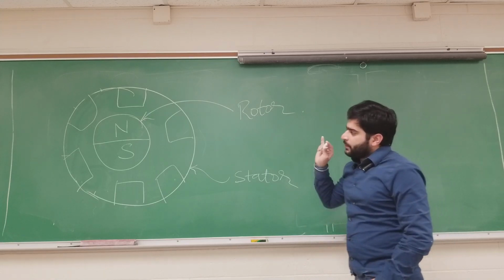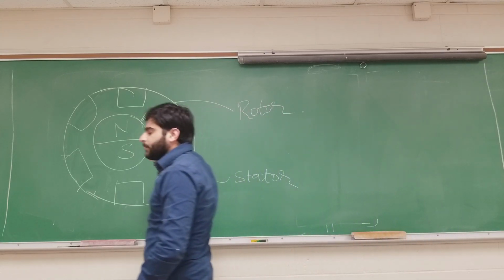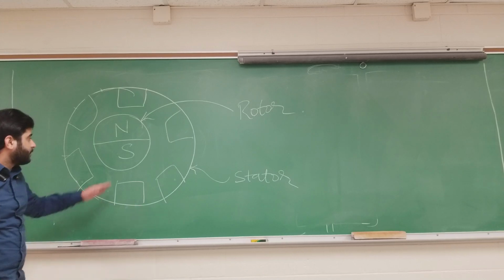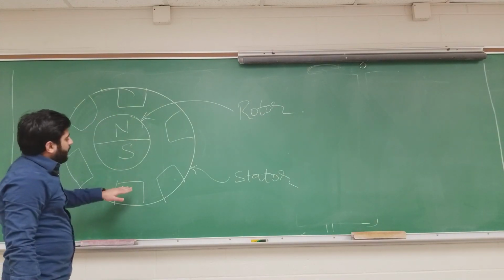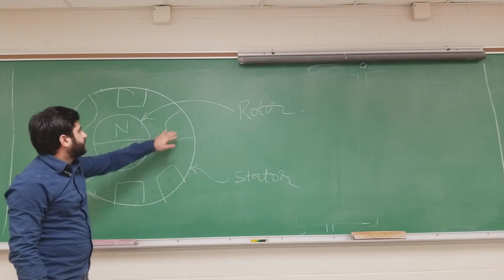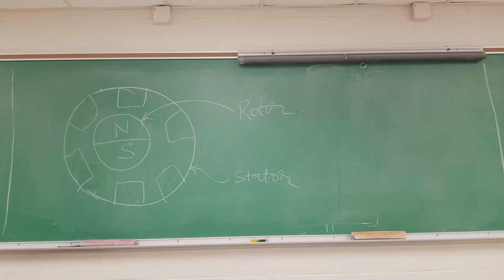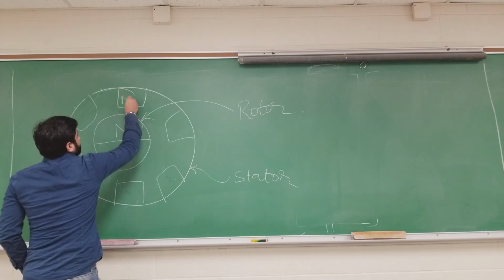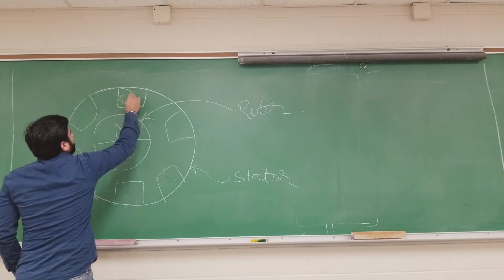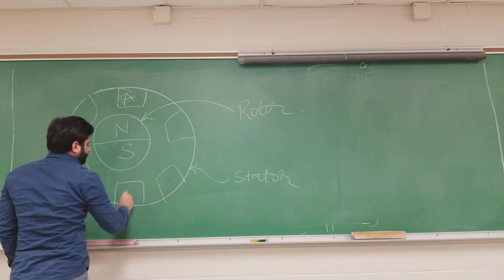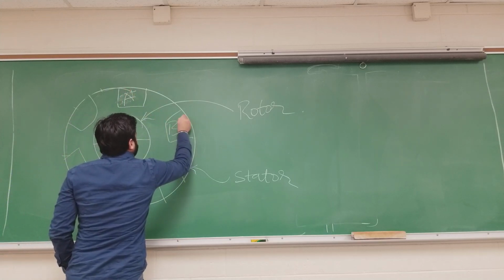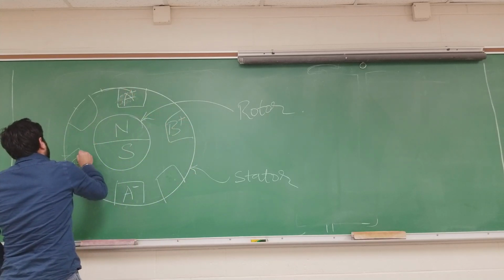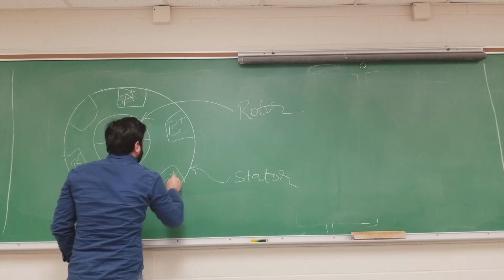Instead of having a permanent magnet in the stator, we have a permanent magnet in the rotor, and these magnets on the stator are temporary magnets. They are like solenoids. So we can name them A plus minus, B plus minus, and C plus minus.